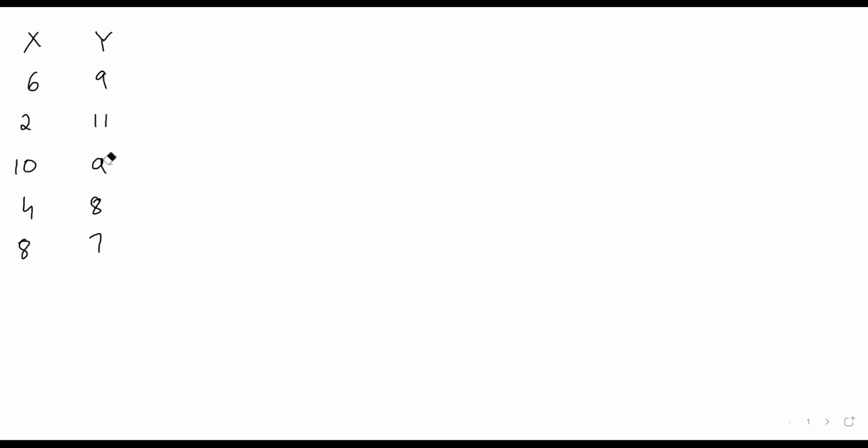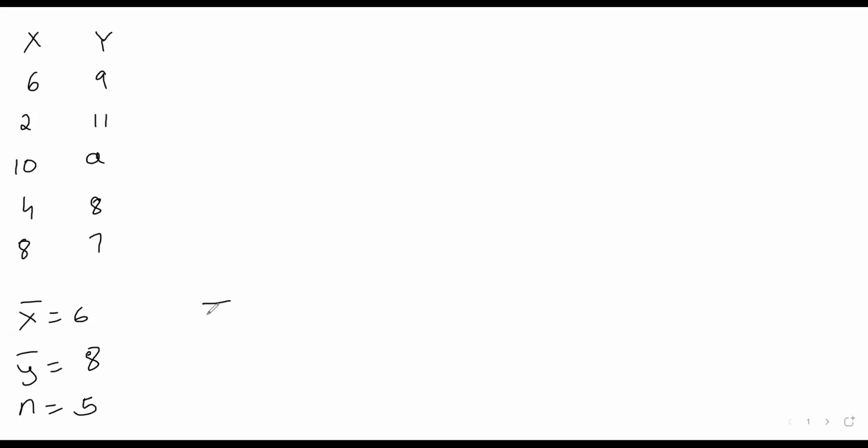A is missing. But the information that they have already given is mean, that is bar x is 6 and bar y is 8, and number of observations are 5.